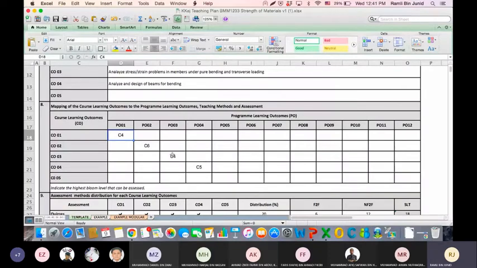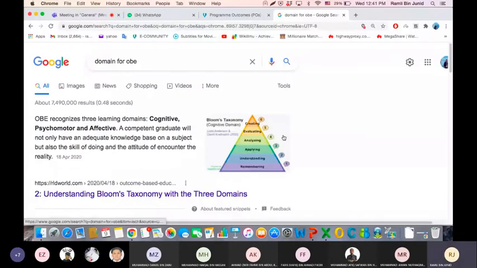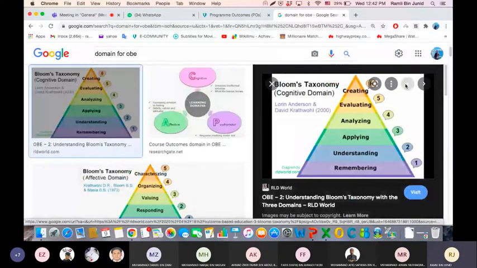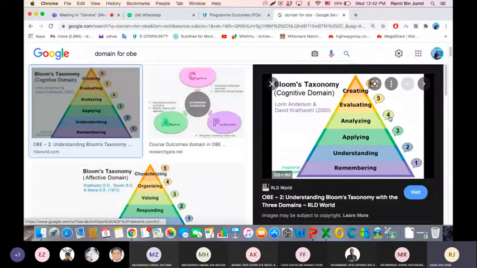So this number, C4, C6, represents the difficulty of that particular topic and the question to be asked in the exam. So if you look here, this is 1, 2, 3, 4, 5, 6. So the higher the number, the more difficult it will be.